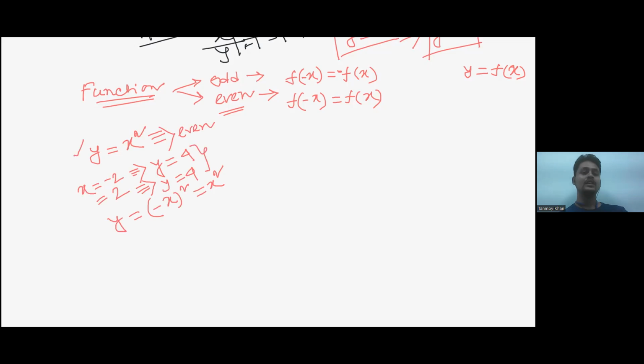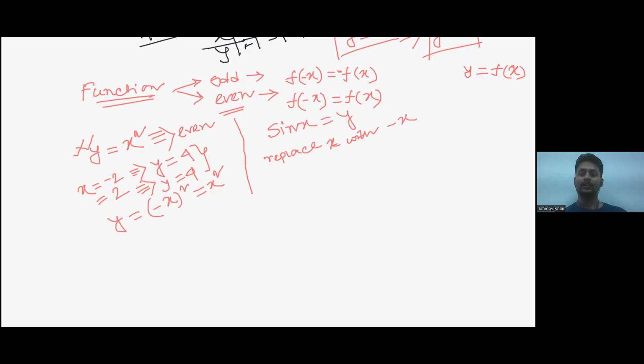Wherever it is x, just replace it with minus x and then see what sign you are getting. Let's say y equals sin x. So you replace x with minus x.